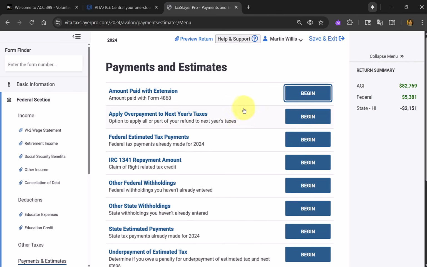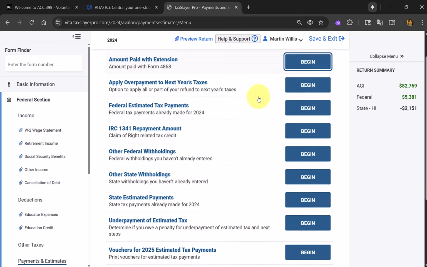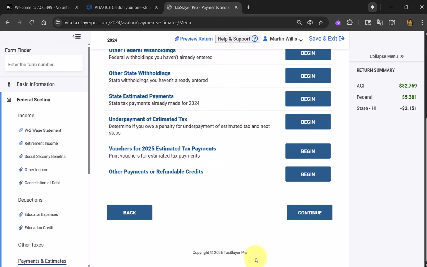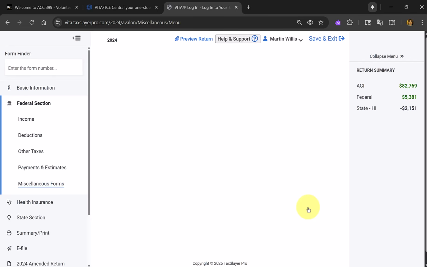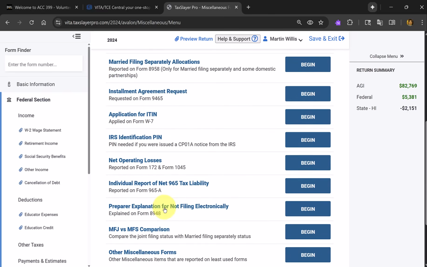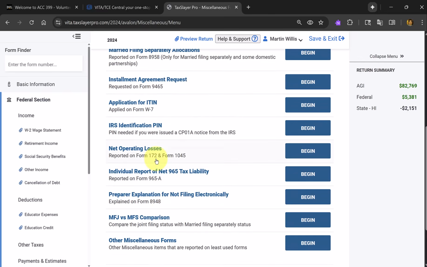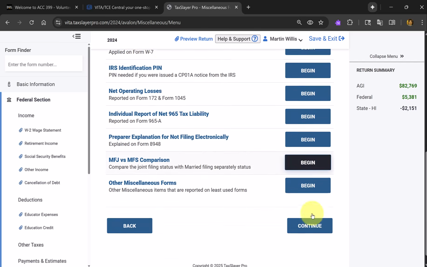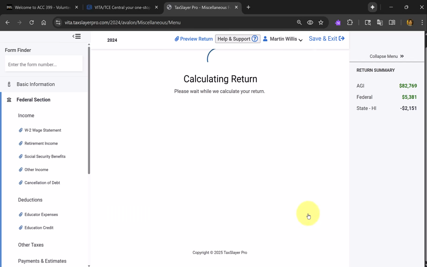I've already entered, I believe, the withholdings. Continue. Miscellaneous forms, I don't think I need any of these. You may see ID PIN numbers being required if the taxpayer has some kind of identity theft problem, which we don't have here. Continue.